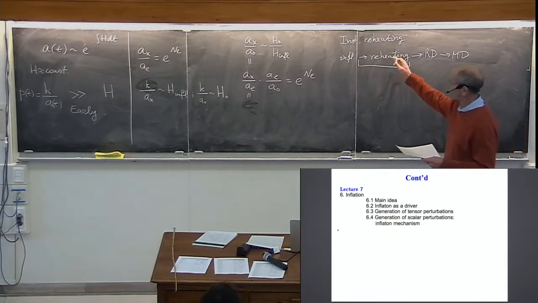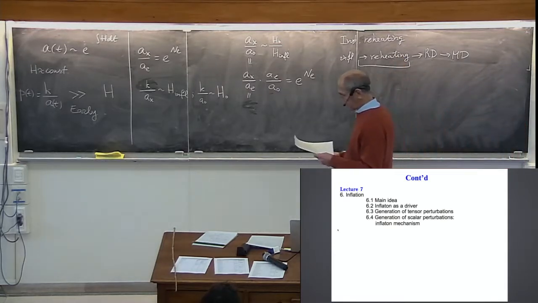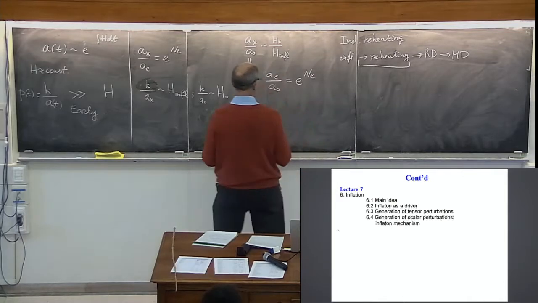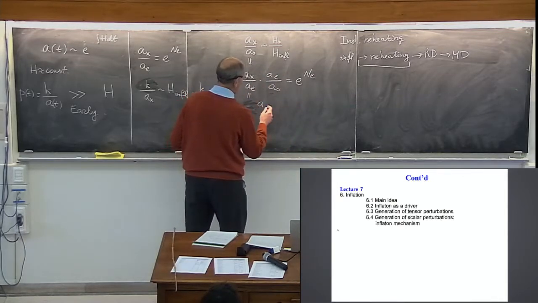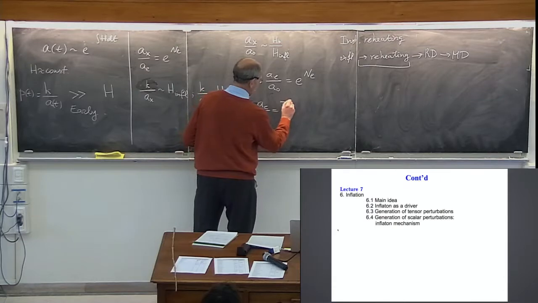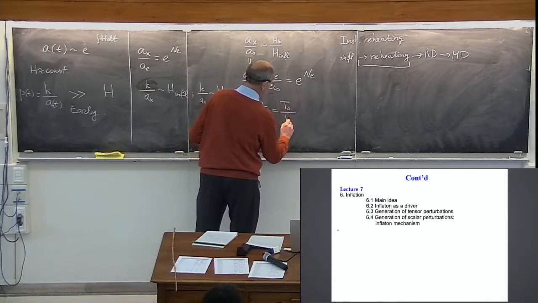If we assume that this period is very short, then things are simpler. I can write down this ratio roughly, within a factor of order 100, as a ratio of temperatures today and at reheating.